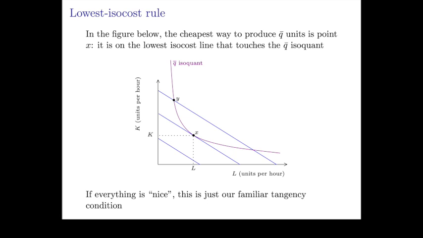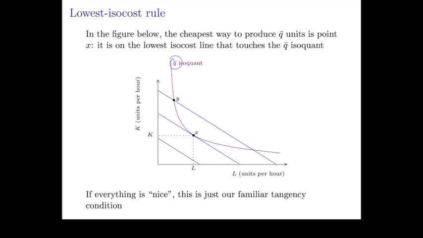So let's look at that lowest Isocost rule. In the figure we've got here, we want to produce Q bar units of output. So we draw the Isoquant where we've got Q bar units of output. We want to find the cheapest way to produce Q bar units of output.